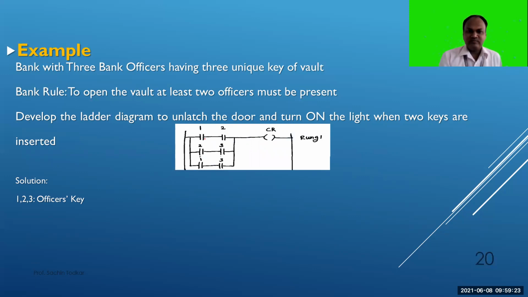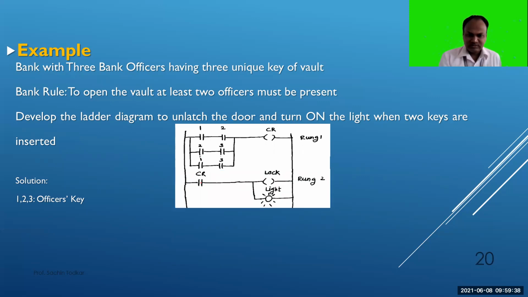If any 2 keys, 1 or 2, 2 or 3, or 1 or 3, are inserted, then only your control relay will be started. Now that control relay will work as a latch, and that latch will be used for unlocking the door, and the light should be turned on.